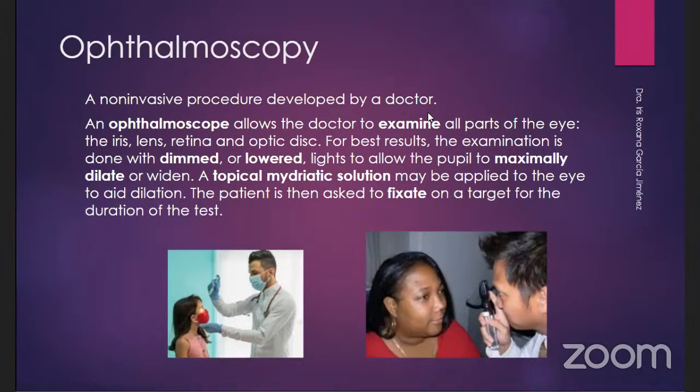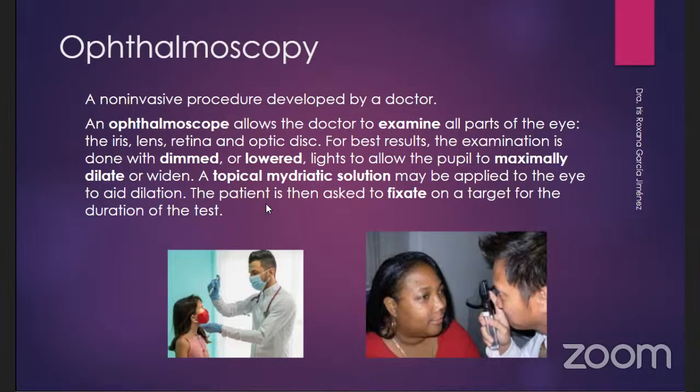Right. For best results, the examination is done with dimmed or lowered lights to allow the pupil to maximally dilate or widen, okay? A topical mydriatic solution may be applied to the eye to aid dilation if it's necessary.